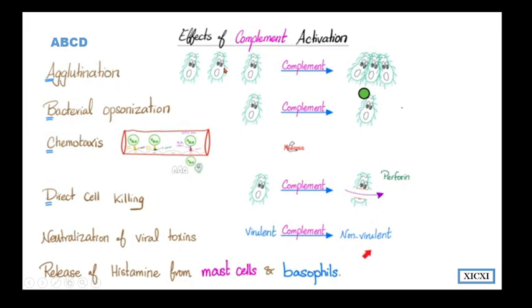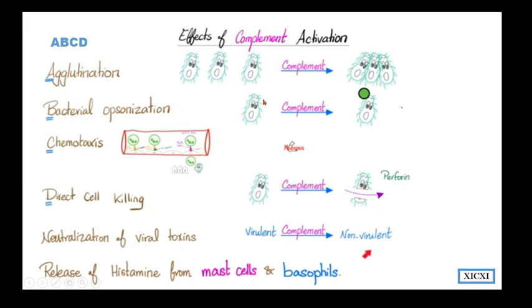Here are bacteria, all of these are pathogens. The complement system is going to make them clump together so that the immune system can come and break them down at once. So they condense the antigens or pathogens together so that the immune system can destroy them all at once. So A is for agglutination, B is for bacterial opsonization.